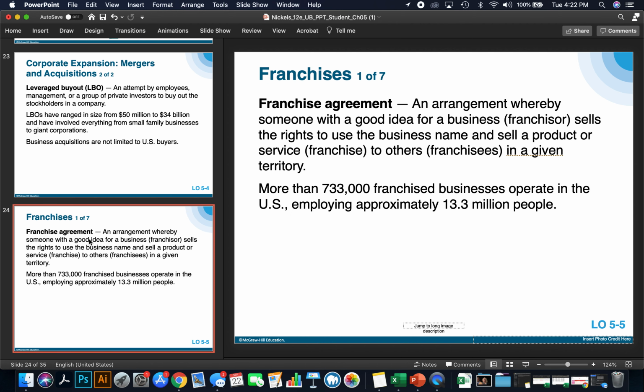Now, franchisees. The franchise model is another popular model in the United States. And you'll see franchises a lot in the food industry with restaurants and fast food restaurants and different things like that. A franchise agreement is an arrangement whereby someone with a good idea for a business sells the rights to use the business name and sell product or service to others in a given area.